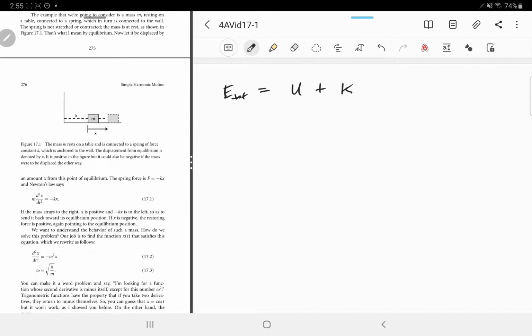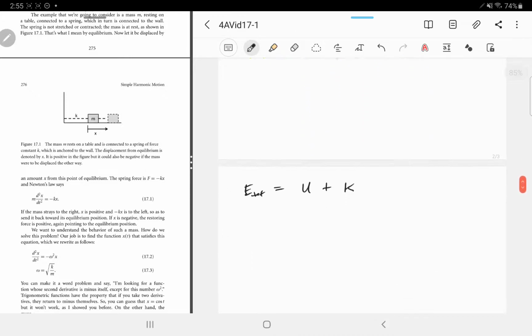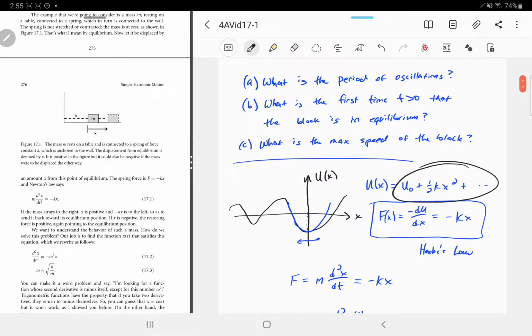Now we know that this is going to be constant, but we can actually show that it's constant and get a little bit more information about what's going on. So to do that, I'm going to write down, remember our potential energy function is this. We're approximating the actual potential energy function with the blue U of x, which is this. And we saw that U naught doesn't really affect anything, right?